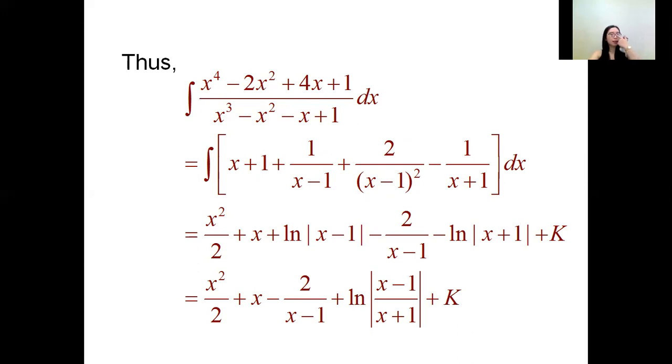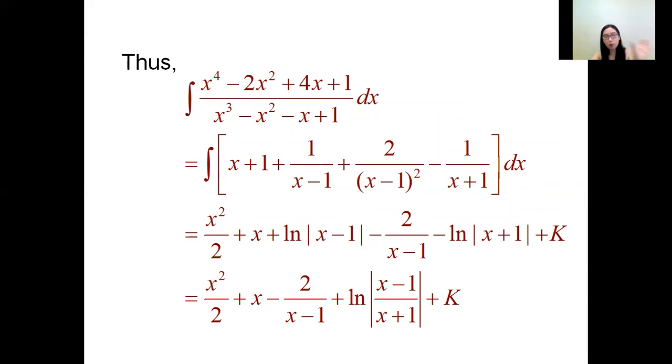Thus, the integral of x to the fourth minus 2x squared plus 4x minus 1 over x cubed minus x squared minus x plus 1 dx is now equal to the integral of x plus 1, which we can already solve by performing long division.